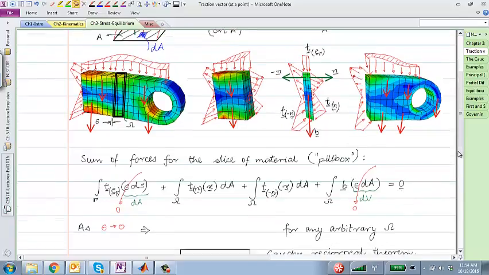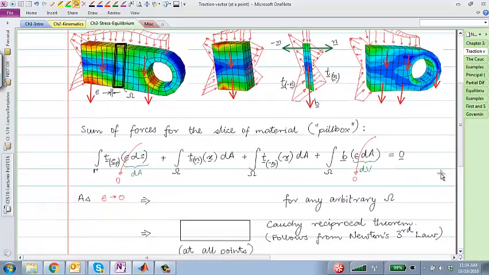And what that tells me is that if I combine these integrals, then I get the integral over the cross-section area that I'm calling gamma, of t sub n at the point x plus t sub minus n at the point x, any point x on the cross-section, dA, equal to 0.